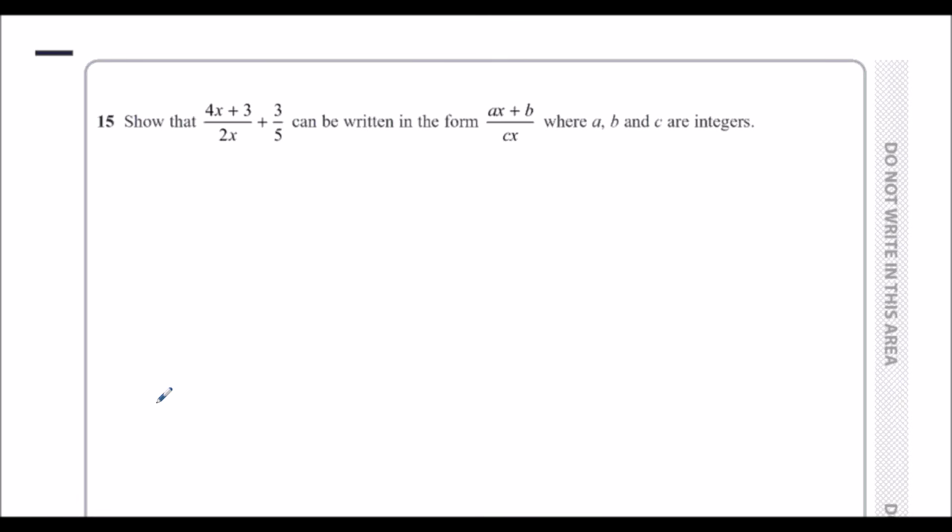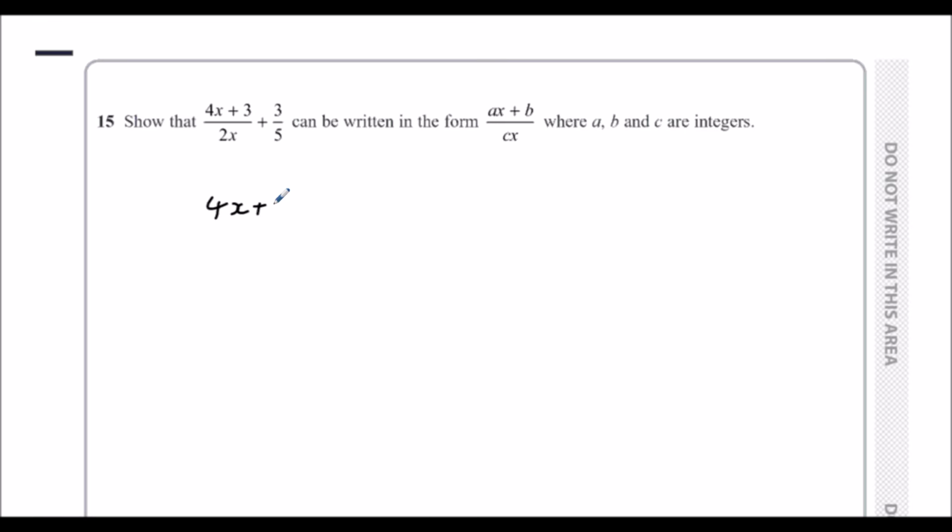Question 15. Show that (4x plus 3) over 2x plus 3/5 can be written in the form (ax plus b) over cx, where a, b, and c are integers. So we're just adding these fractions together, and we should get something that looks like this, but a, b, and c will be numbers. So to add fractions, we need a common denominator.